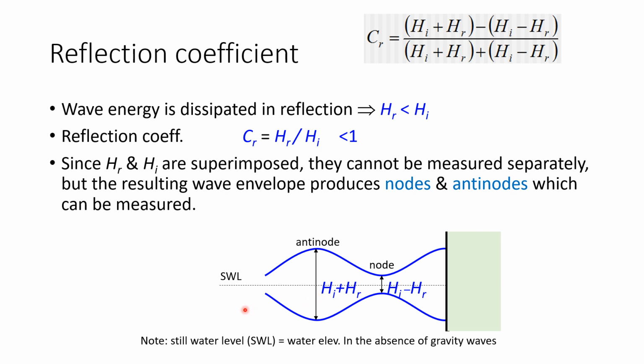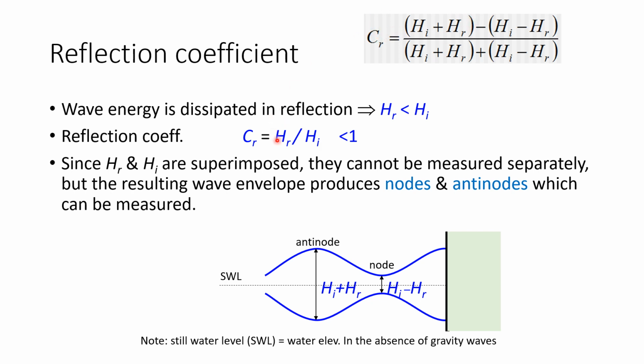If we obtain these two pieces of information, we can use them to calculate the reflection coefficient, which is given by this expression. The reflection coefficient can be defined as the antinode minus the node, divided by the antinode plus the node. If you examine this equation carefully, you will notice that in the numerator, HI minus HI cancels, and then we have HR minus negative HR, so we have 2HR on top.